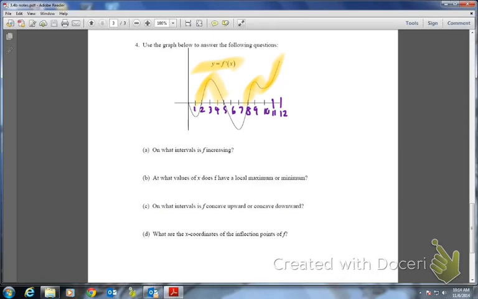So f is increasing from what to what? 2 to 5, and 8 to 12. And again, f was increasing because the derivative was positive. If f was decreasing, we would choose the other intervals where f prime was negative.